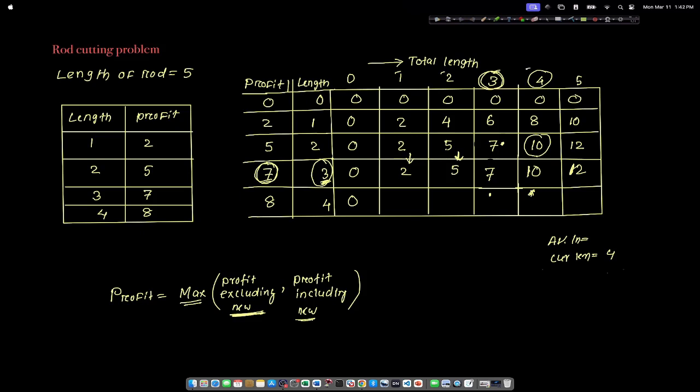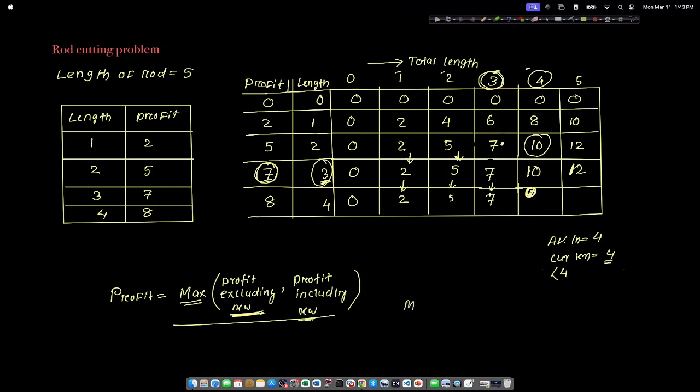So for all the cells with available length less than 4, we will copy the content from the upper cell, so 2, 5, 7, and for the cell with equal length, that is available length is 4 and current length is also 4, we will use this formula.